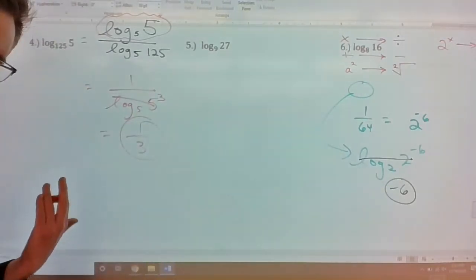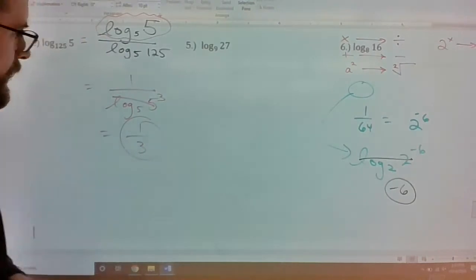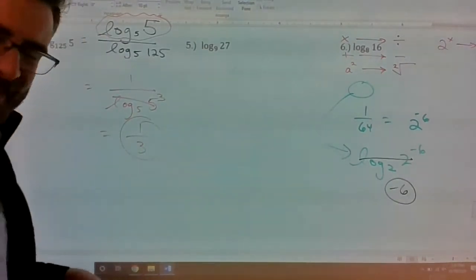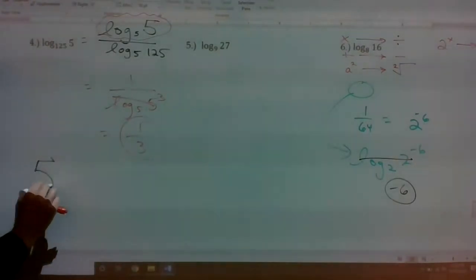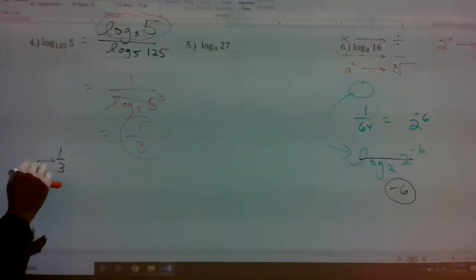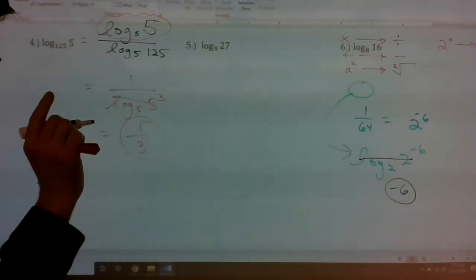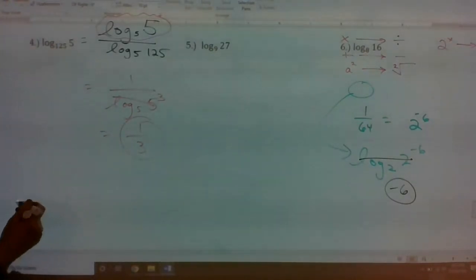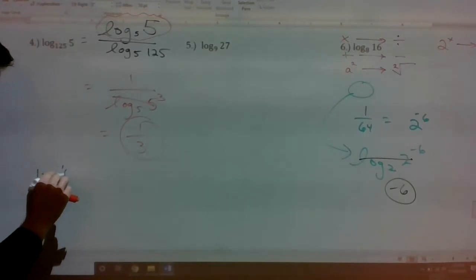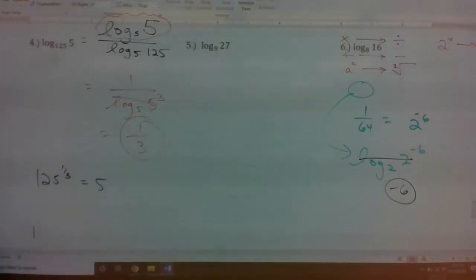So the answer's 1/3, which actually unveils the fact that 125 to the 1/3 power is equal to 5.